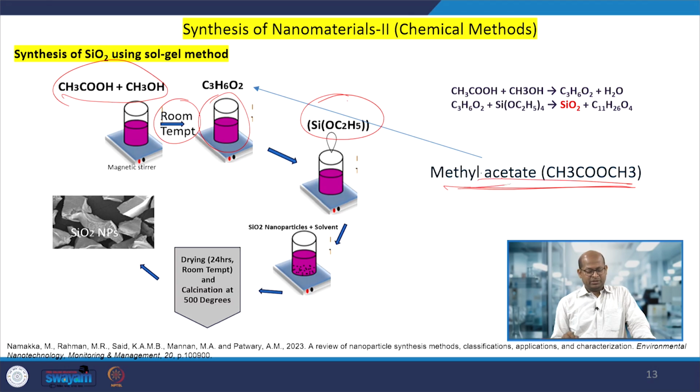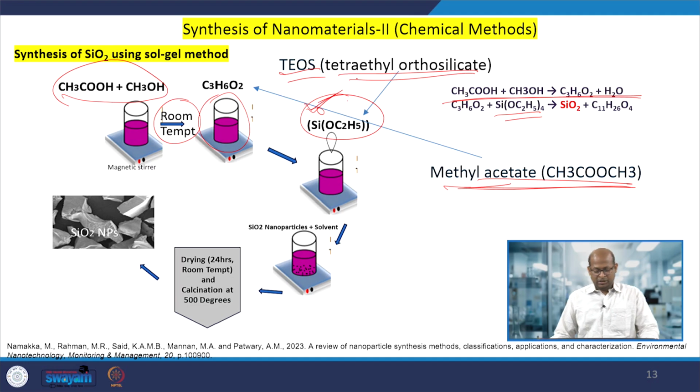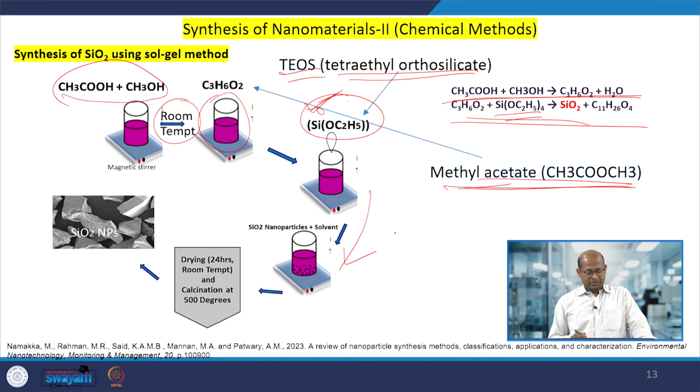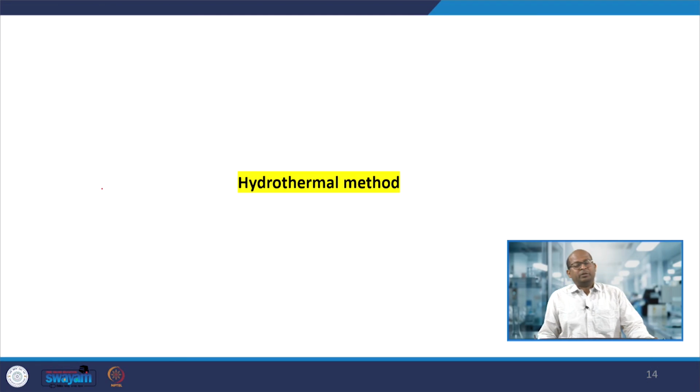Then ester formation is there by reacting. Considering these reactions, for the precursor we have to use tetraethyl orthosilicate for silica, and then both will be mixed up, and if we make a gel formation, the gel will be heated up to 500 degrees centigrade. We calcine, and then we can make silica nanoparticles by these methods.